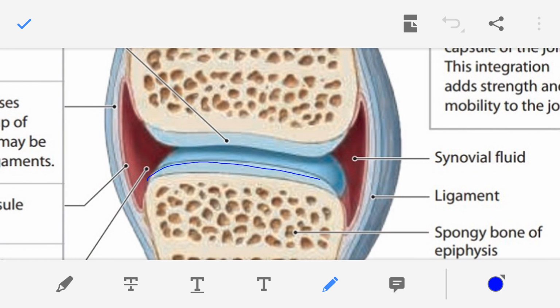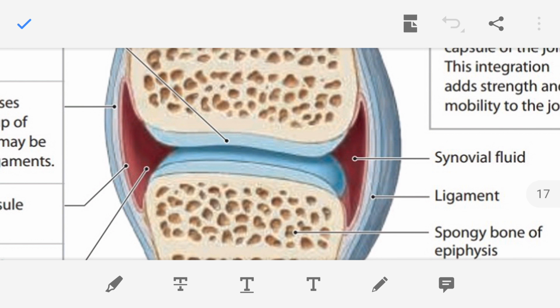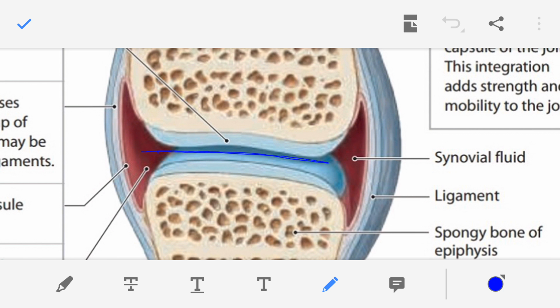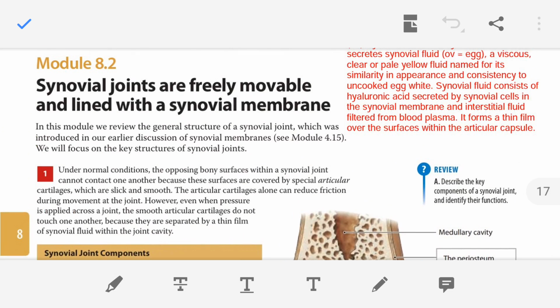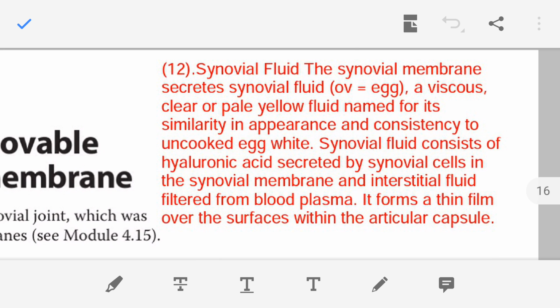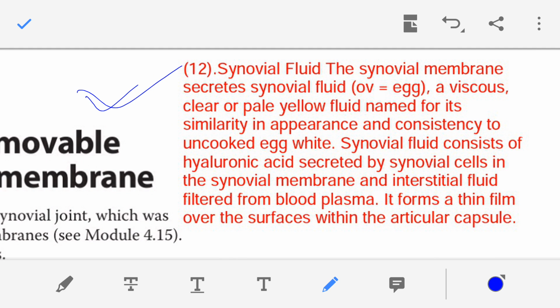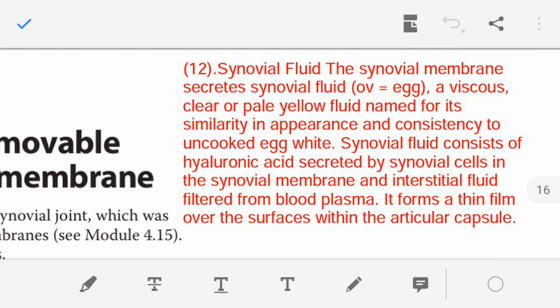Let's say this is one articulating bone, this one is the other articulating bone. So between these two bones, the synovial fluid is forming a very thin film. So this is the 12th point in which we are discussing the synovial fluid.